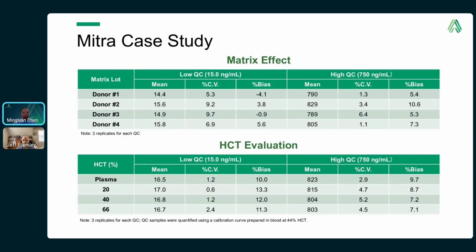Hematocrit impact was tested using QC samples quantified against the calibration curve prepared in blood at the 44% hematocrit level. No significant bias was observed, showing that the impact-assisted extraction procedure with the optimized surfactant-containing desorption solution provides quantitative and consistent recovery.